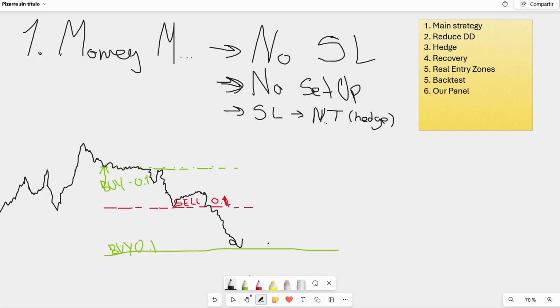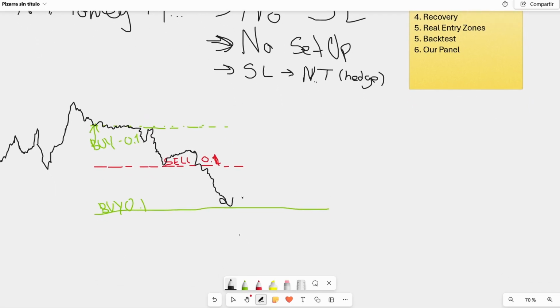Okay, perfect. After this, two things can happen, right? Price can go up. And what happens when price goes up? Something really good happens: you lose this amount of money with this buy, this sell is on break even, and this buy is on profit.